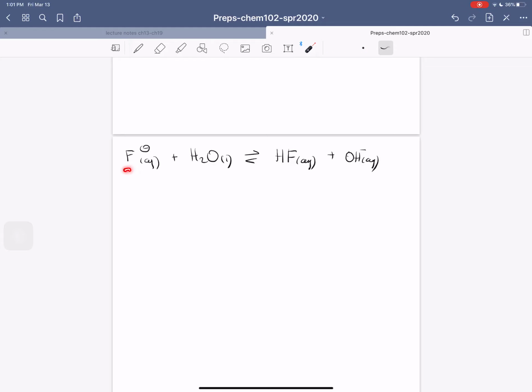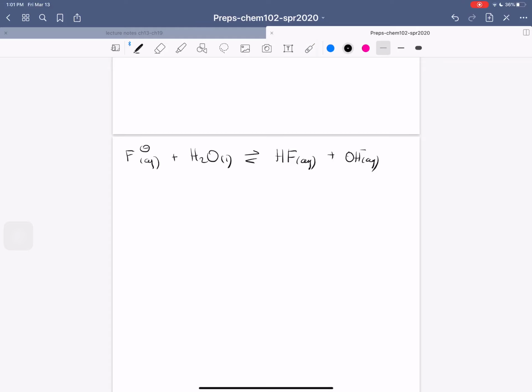So if fluoride abstracts the proton from the water to give us hydrofluoric acid, look at this, what happens. It actually increases the concentration of OH minus in the solution. So it means that it changes the pH.